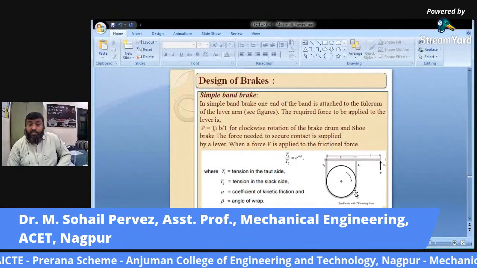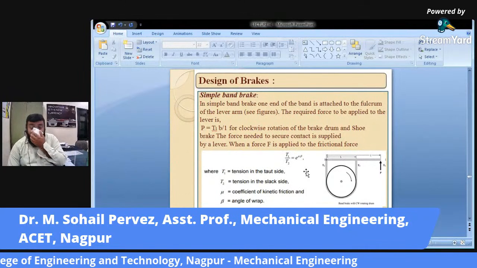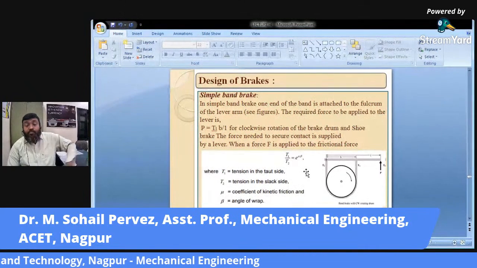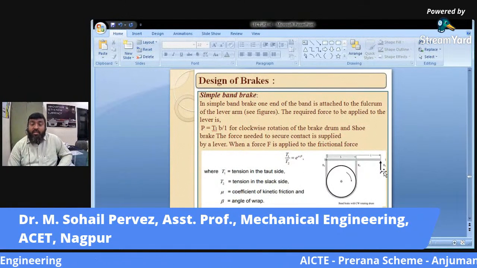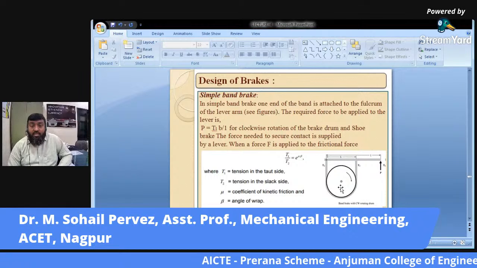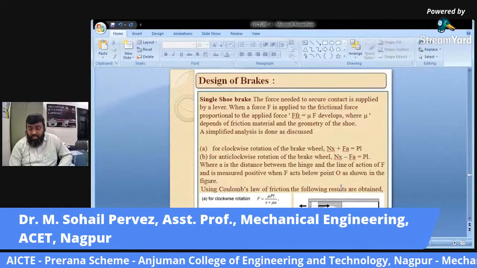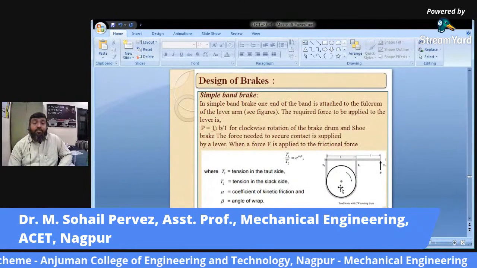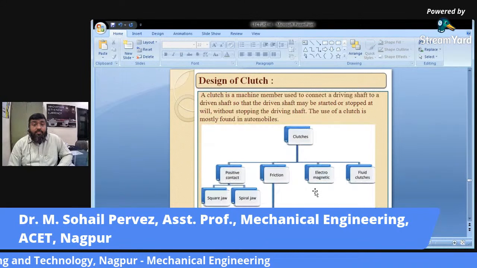The design involves the effort applied by the operator. So this is the band brake, and previously it was the shoe or block brake. This is how the design will include all these parameters.